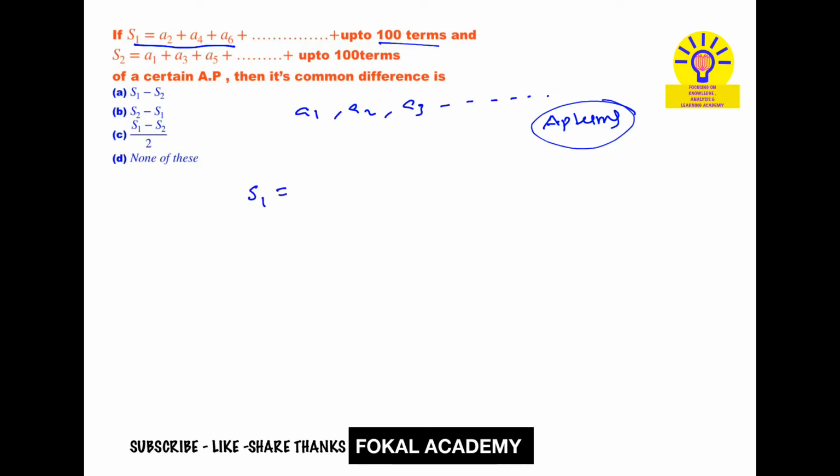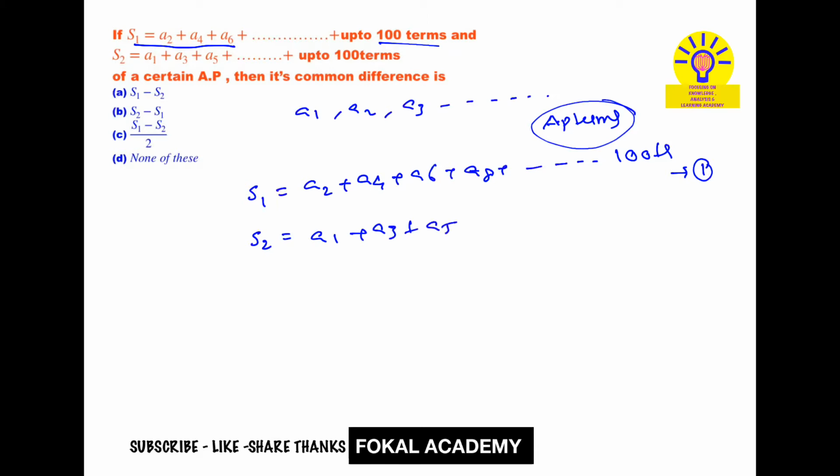S1 is equal to A2 plus A4 plus A6 plus A8 plus so on up to 100 terms. So this is our equation 1, and S2 is given as the sum of the odd terms, that is A1 plus A3 plus A5 plus A7 plus so on up to 100 terms. So this is the second equation.